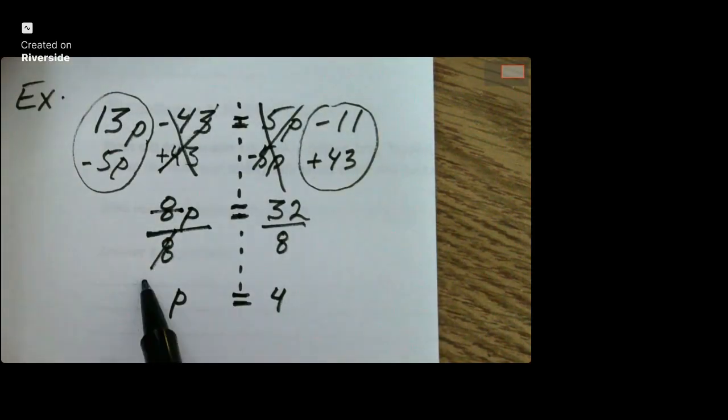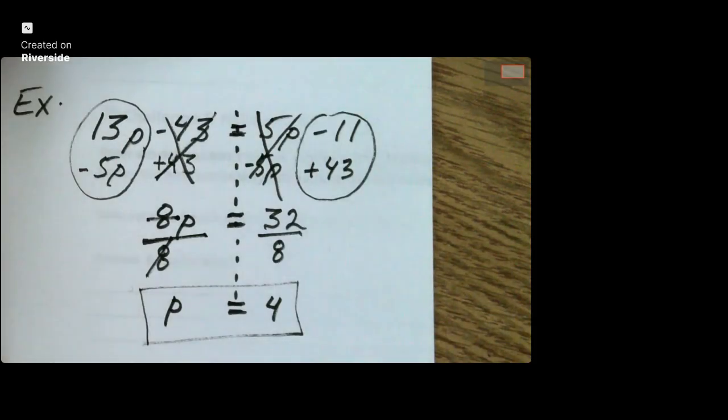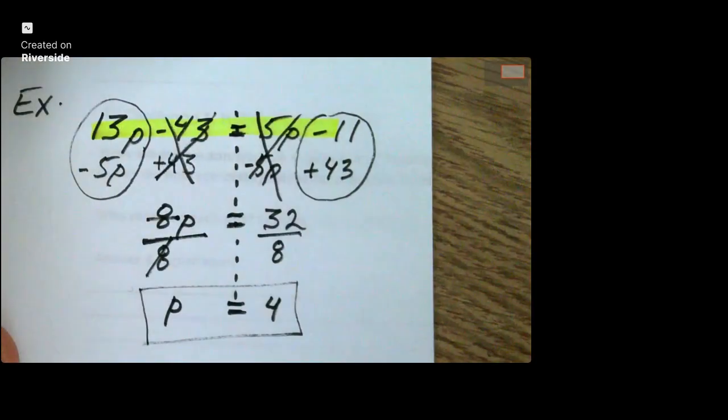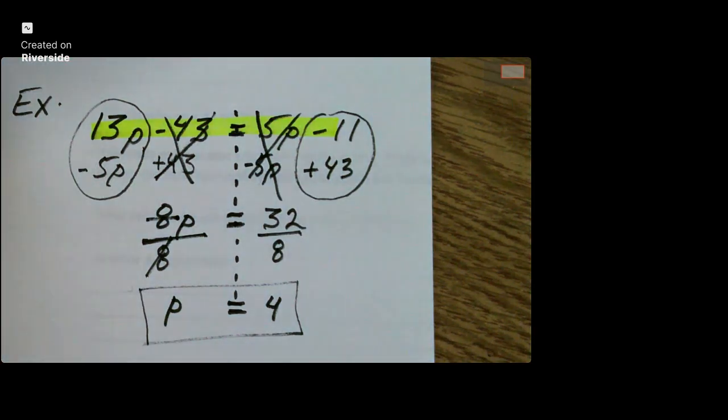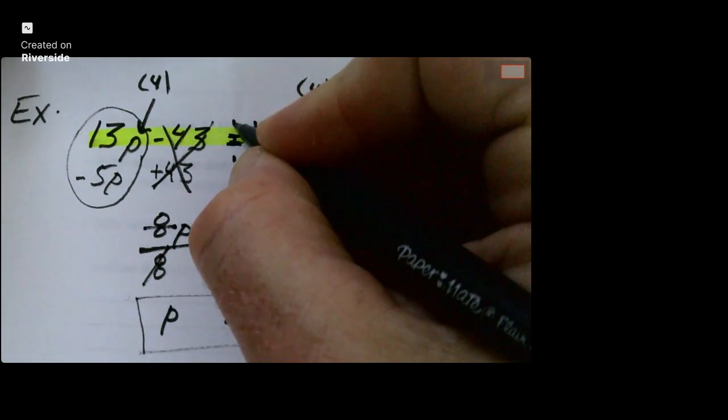And if we wanted, the great thing about solving equations is if we go back to our very original equation up here and plug in our solution, okay, so if we take 4 and plug it back in for p, right, there's another p, and we plug 4 in and work this equation out, you'll end up seeing that the equation balances.